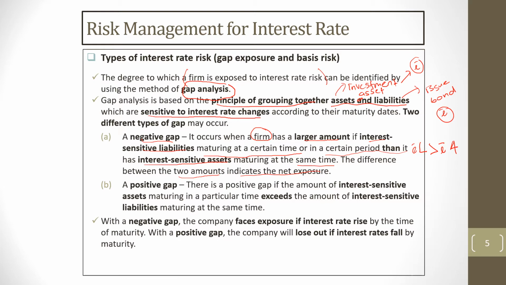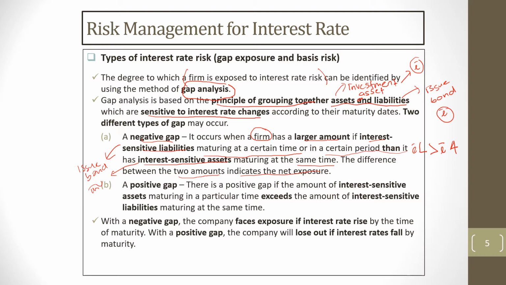That's why we call it a negative gap. This is what we compare. As I mentioned before, interest sensitive liabilities, for example, are the issued bonds, while the interest sensitive assets are the investments.